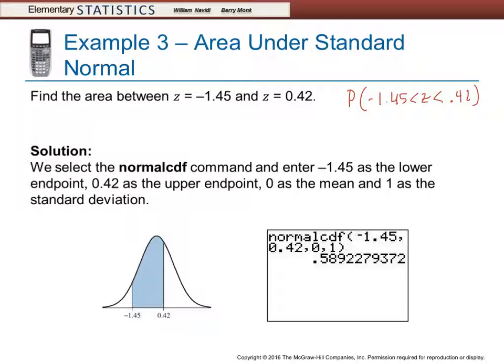We select again the normal CDF command, and we notice that the negative 1.45 is the lower endpoint and the upper endpoint is going to be 0.42. Again, because it's the standard normal, the mean is 0 and the standard deviation is 1. We get the probability of 0.589.